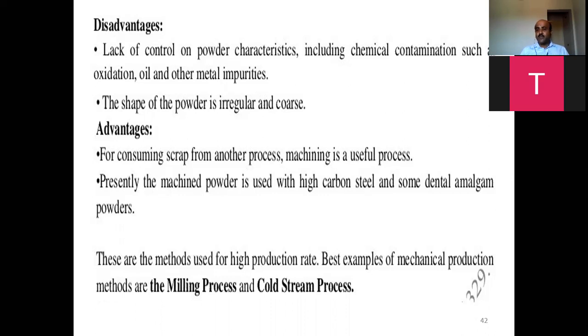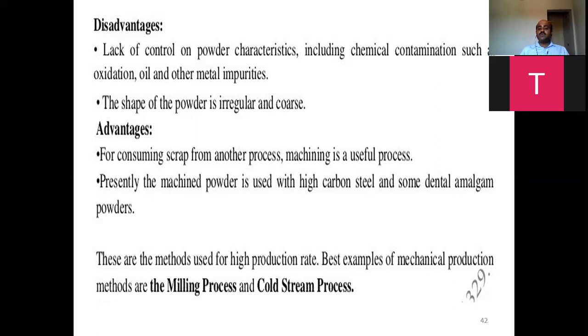But when we use that scrap for making a powder, which can be used in powder metallurgy to make a product, then definitely machining is a useful process, because you can minimize the wastage of material from the metal removal process by converting the scrap into a useful powder for powder metallurgy.